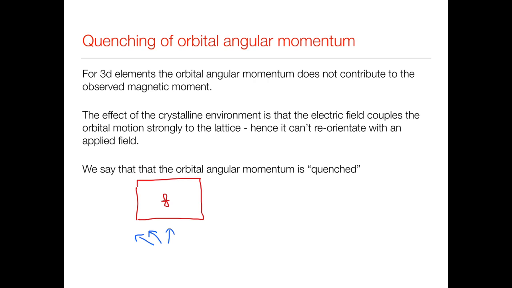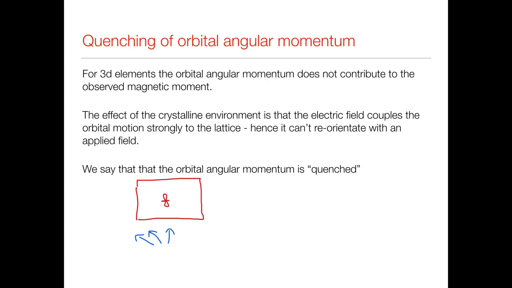So it doesn't respond. The only thing that responds is the spin angular momentum. So what is common in the field is for people to say the orbital angular momentum is quenched. It doesn't contribute to the magnetic moment.